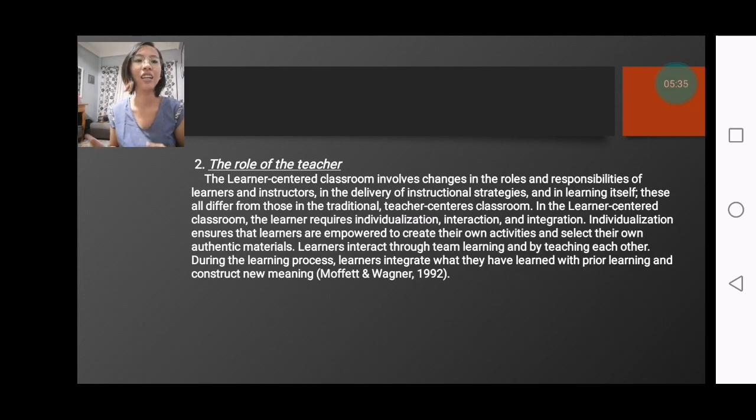All right, and there are also interactions and integration. What about individualization? Well, this ensures that learners are empowered to create their own activities and select their own authentic materials. So where is the teacher in this type of picture?